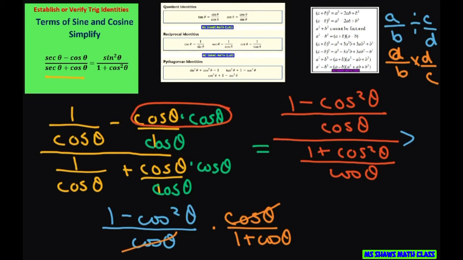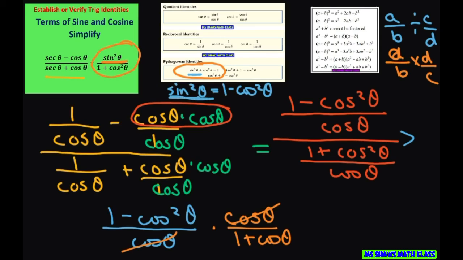So it looks like we're done, but we have to always keep looking at this, and what we need is a sine squared. According to my Pythagorean identity, I know that 1 minus cosine squared of theta is sine squared theta.